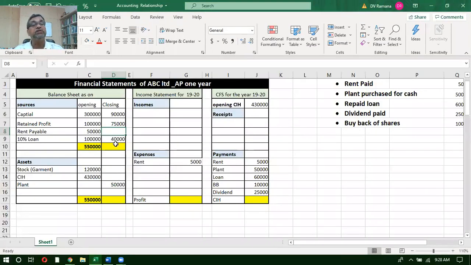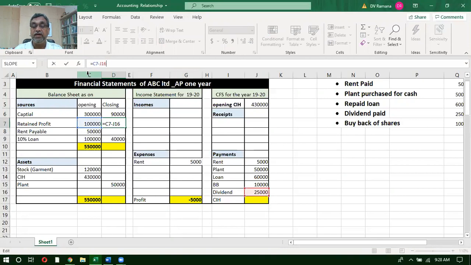Though in principle this is not complete, with all financial transactions, if you want, we can also close the financial statement. Now, since there is no income, there is a loss of 5,000, and the loss will reduce the equity, or retained profit.